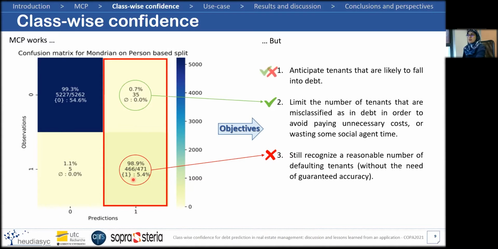And for anticipating tenants that are likely to fall into debt, it kind of works. It's not really that good either, since in this cell we still have the 99%, but with the same problem of 0-1 sets being predicted, and just a little more than half being singletons.